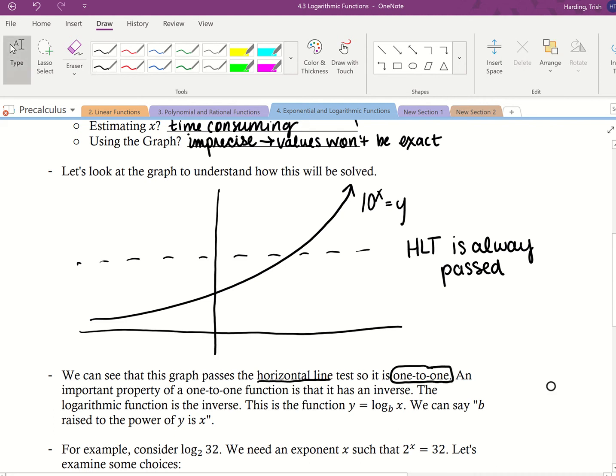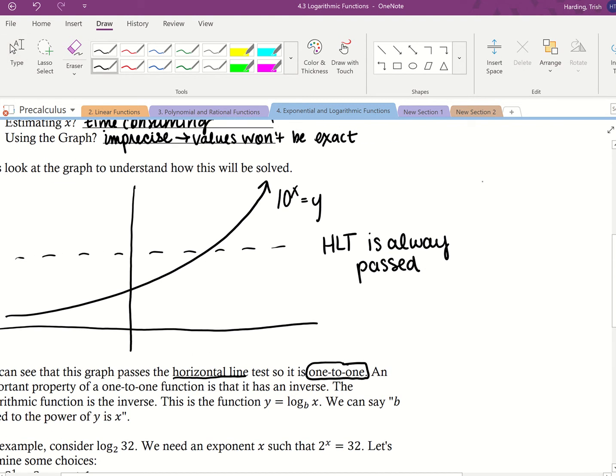So let's look at a flow chart here. We have y passes the horizontal line test, and because y passes the horizontal line test, we can say that y is 1 to 1.